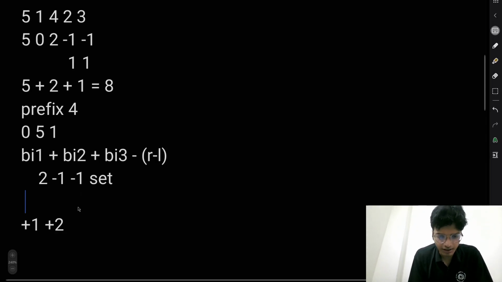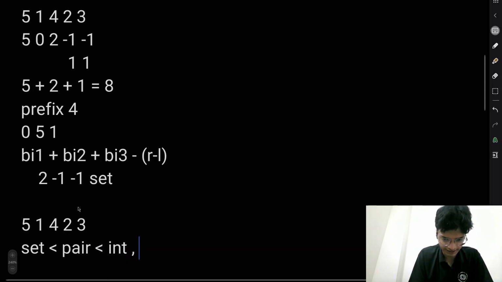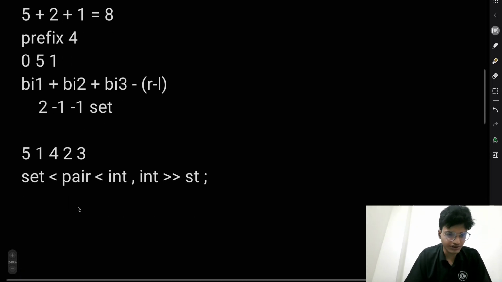Wait a second, I think I should explain it more properly. So let us suppose 5, 1, 4, 2, and 3. What I have done is store them in a set of pair of int and int. First of all, I find the distance of the zeroth index with all others.